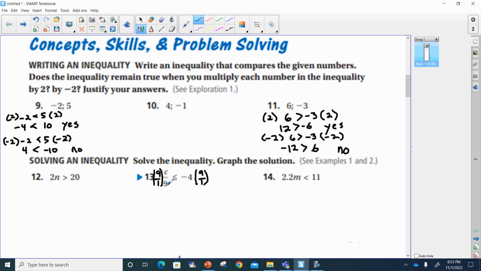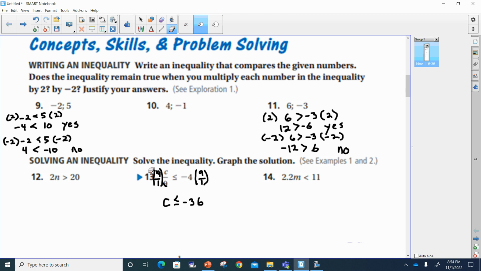I was dividing by 9, so I need to multiply by 9 so I can cancel my 9s out and get C all by itself. And now I see I have 9 times negative 4, and 9 times negative 4 will give me negative 36. So C is less than or equal to negative 36.